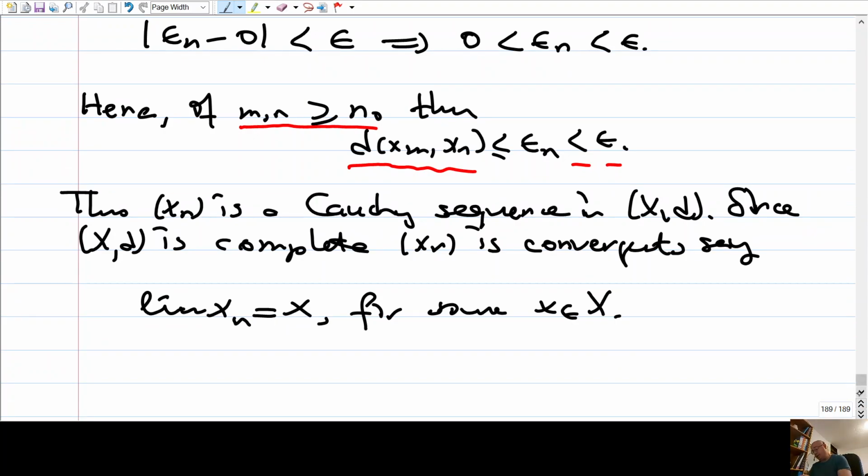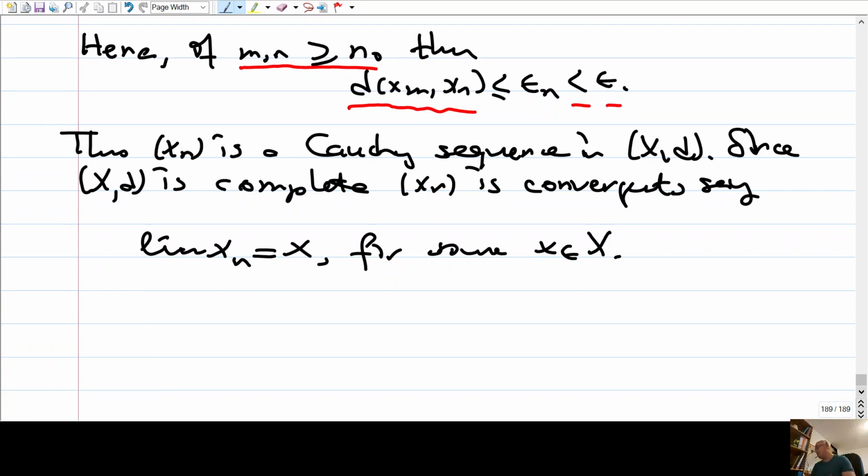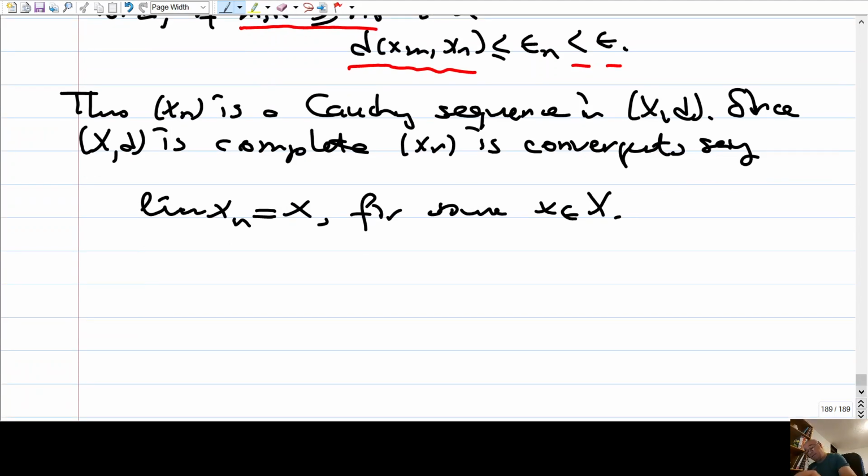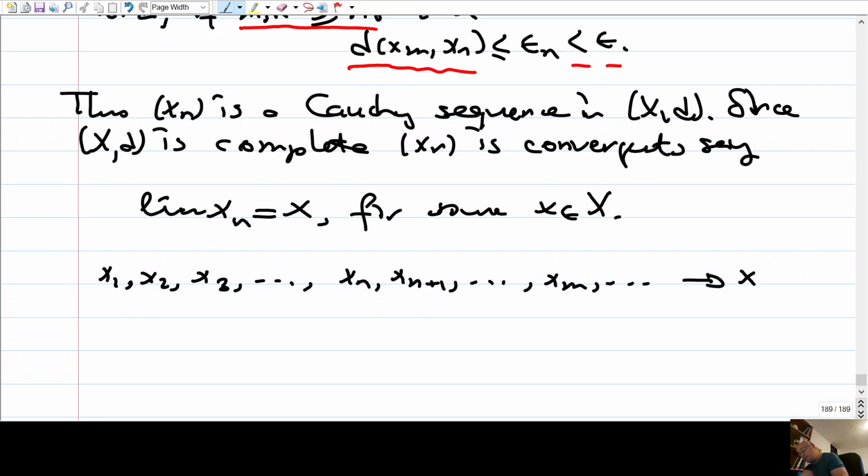Well, you see, by definition, now let me write this sequence: x1, x2, x3, xn, xn plus 1, xn plus 2, and maybe this xm, and this is converging to x.